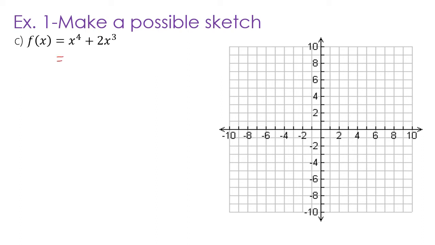This would be a common factor, x cubed, which would leave you with x plus 2. Oops. Pen dragged. We'll just erase that, fix it. Perfect.